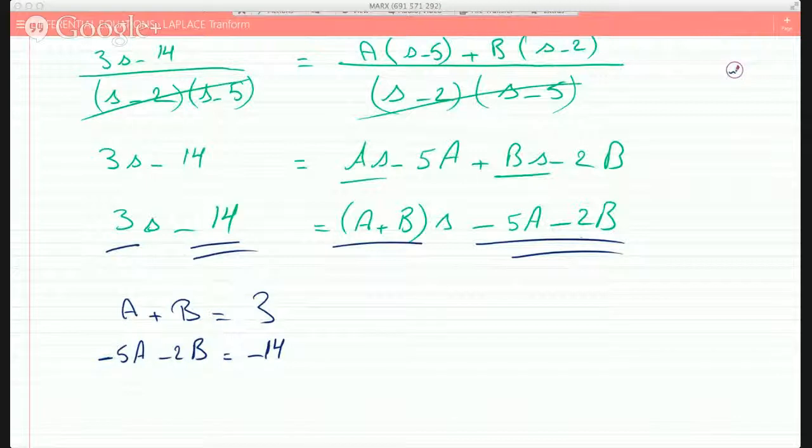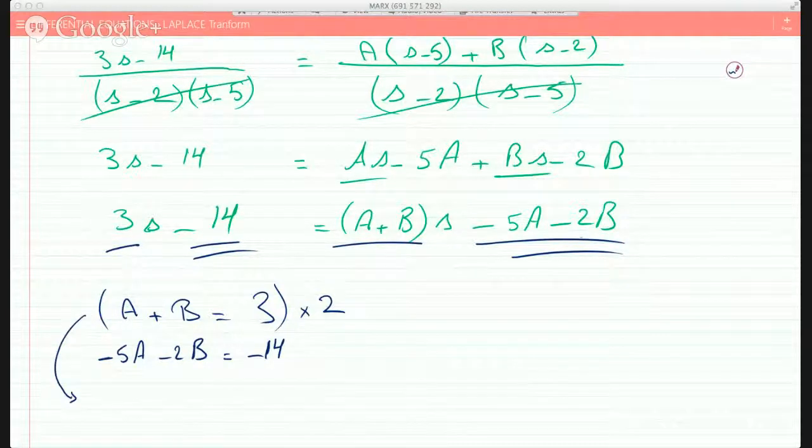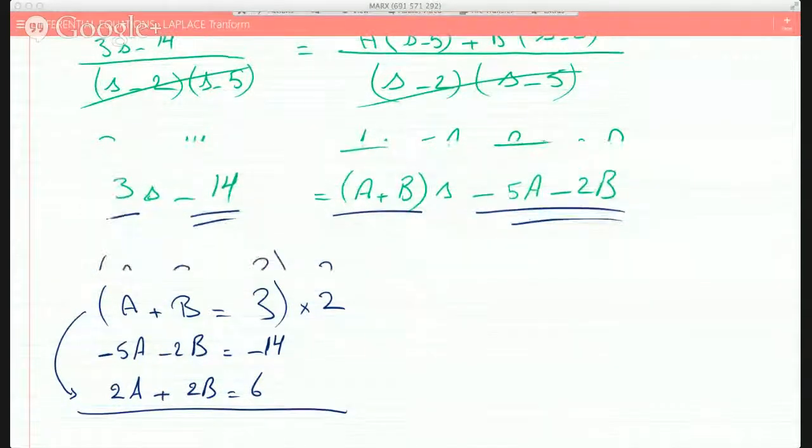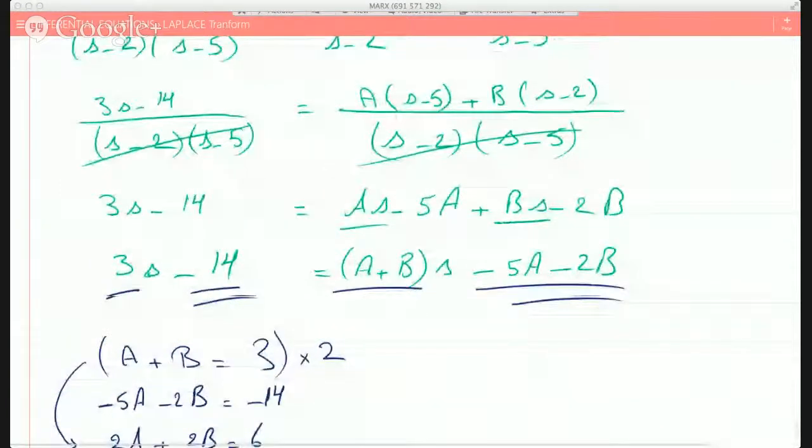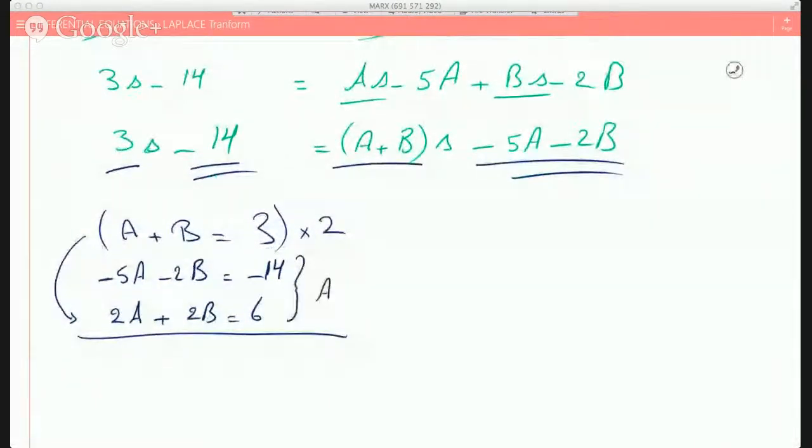You can either use substitution or elimination, whatever you like. I'm going to multiply the first equation by 2 and put it here. I'm going to use elimination, so 2A + 2B equals 6. Everything solid so far. Okay, and then I'm going to add here.